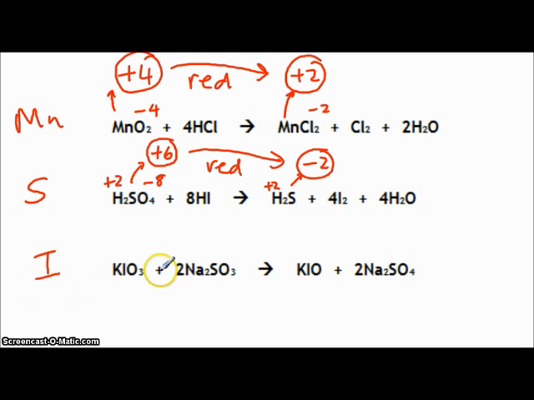And then finally, iodine. Potassium's +1 because it's in group 1. 3 oxygens, each -2, so that's a total of -6, which means that iodine here must be +5.